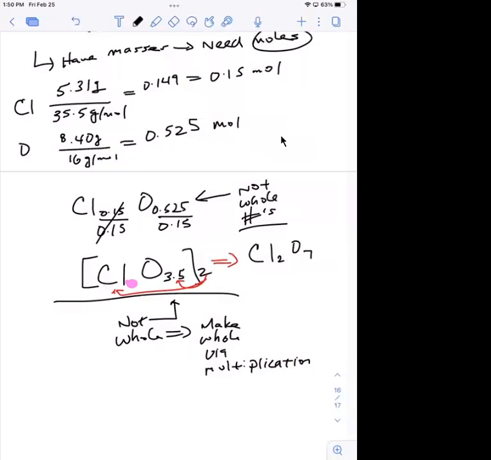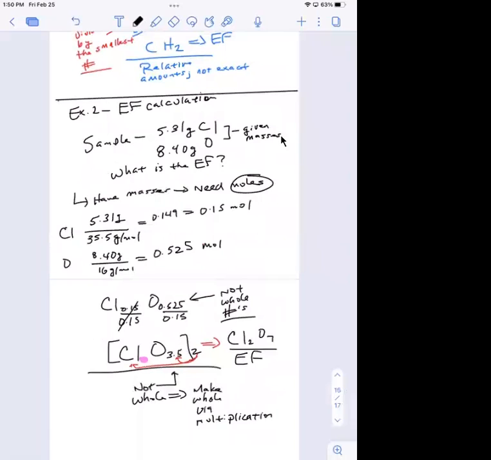So if it's 3.5, 2.5, 4.5, you can just multiply by 2, and that'll make it into a whole number. So this is the empirical formula for a sample containing 5.31 grams of chlorine, 8.4 grams of oxygen.